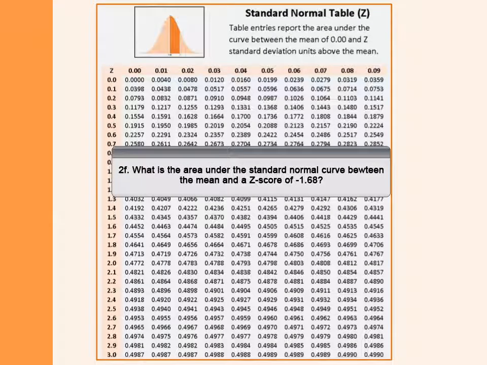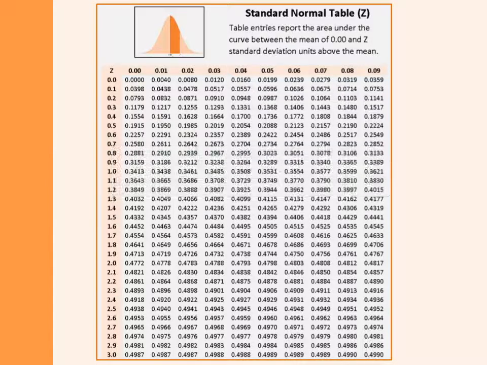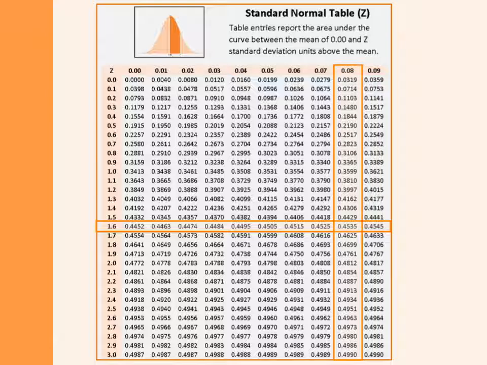For the next problem, we are to find the area under the standard normal curve between the mean and a z-score of -1.68. Again, we use the absolute value of our z-score, and we highlight the row that reports a z of 1.6 and the column that reports 0.08 for the hundredth, and the value that appears where these two highlighted areas intersect is 0.4535.